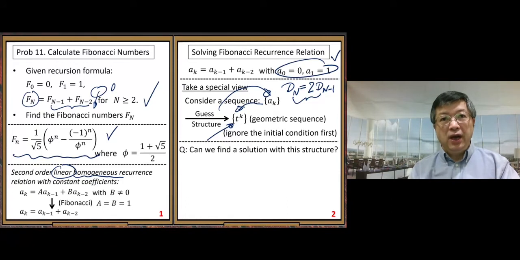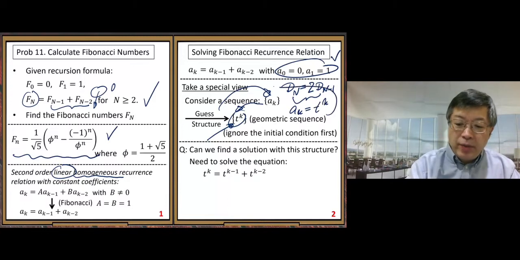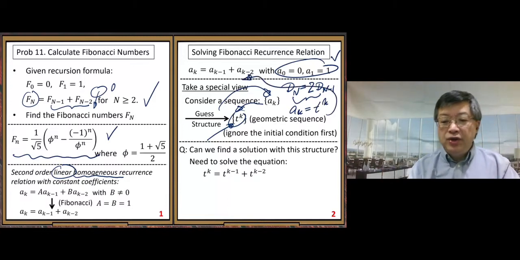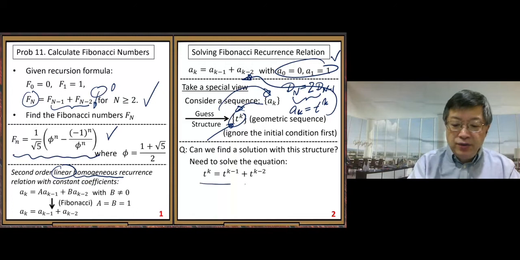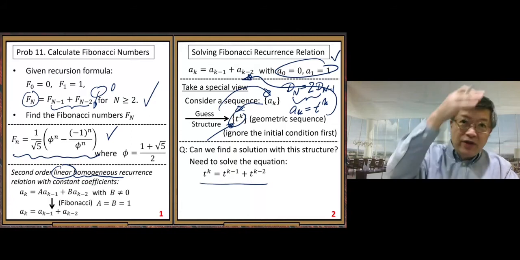Now you plug in. Here we assume a sub k equals t to the kth. So if you plug it into the original recurrence relation, you will get this equation, right? Very simple. Then you do simplification.